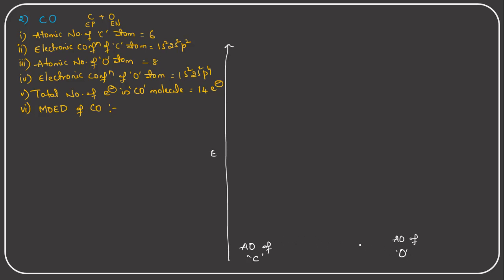In between they are merged together, forming the molecular orbitals of carbon monoxide. So the energy of the electropositive atom will be a little higher than the atomic orbital of the electronegative element, right? So there will be a little difference in this way.